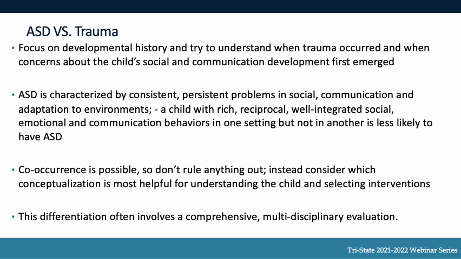So if a child functions beautifully with well-integrated, rich and reciprocal social behavior with one person, but then shuts down with another person, that to me is not an autism spectrum presentation. That makes me think there's something going on more in the emotional domain that is perhaps trauma related.